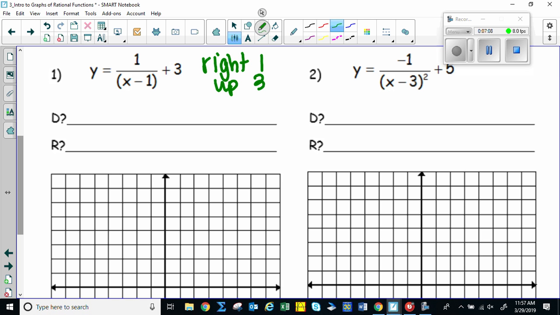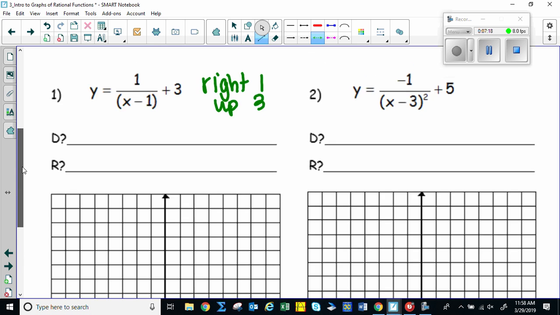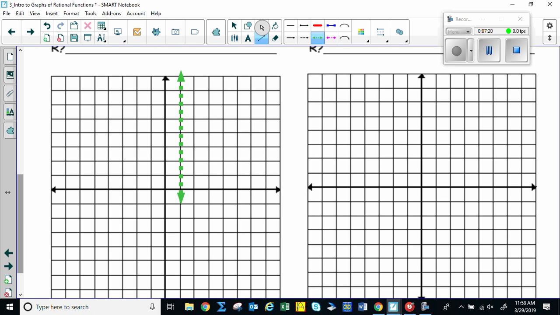So my parent function had a vertical asymptote at x equals 0. I'm going to take that vertical asymptote and I'm going to move it to the right. You told me to the right 1.